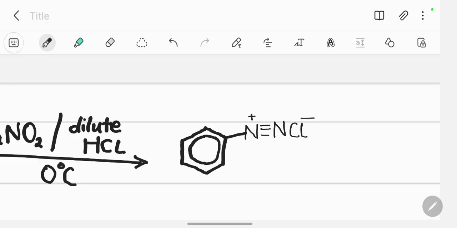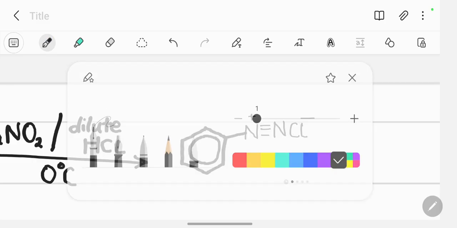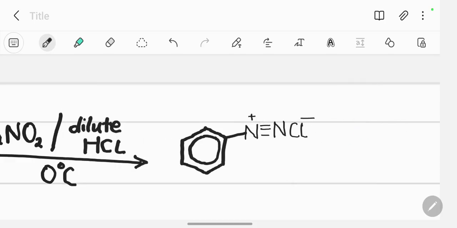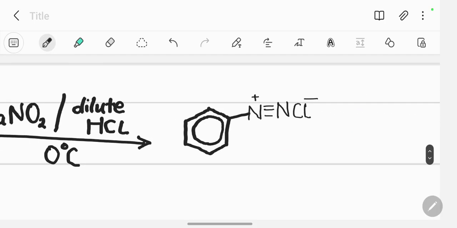Now, it's this benzene diazonium chloride that we are going to use to prepare chlorobenzene, bromobenzene, iodobenzene.